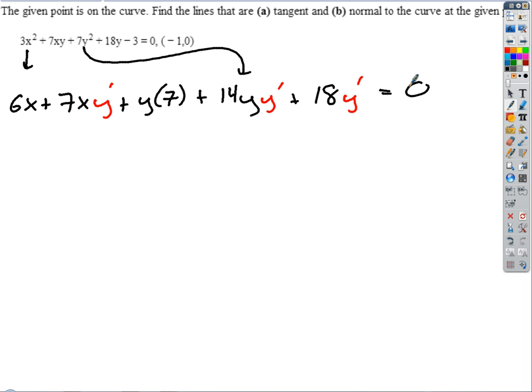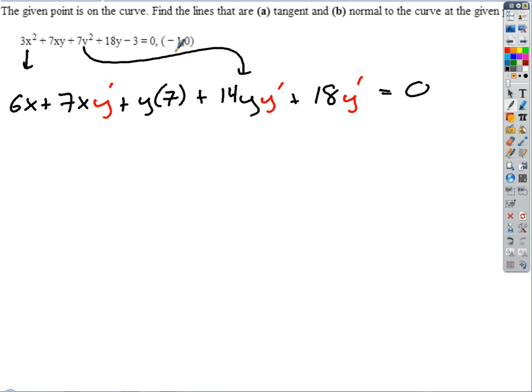We can just plug in the numbers, because all we're trying to do is solve for y prime. So we could plug in the values of x and y, which makes this easier to simplify. All the y's are gonna be 0, and that makes a lot of stuff go away. Why go through all the hassle of doing the algebra if we don't need that function? All we need is the value of y prime.